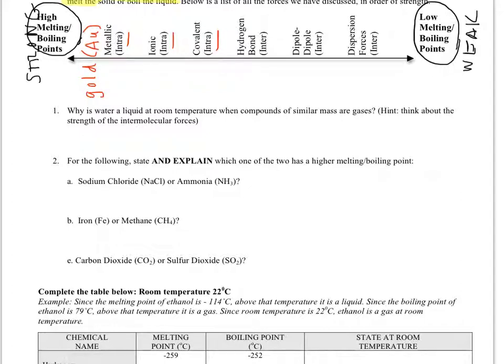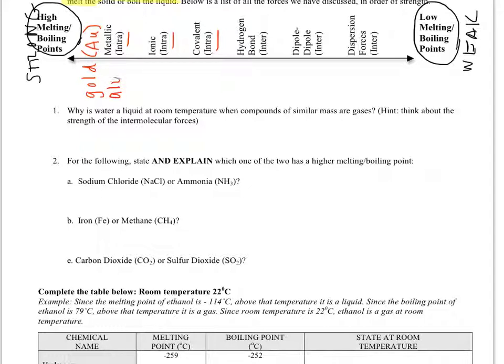What happens is you've got all these gold atoms sort of floating around, and the positively charged nucleus of a gold atom is attracted to the electrons of the other gold atoms, and so you have sort of like this sea of attraction between the positive center of the atoms and the negative electrons of the atoms, and it creates this really strong attraction between positive and negative.